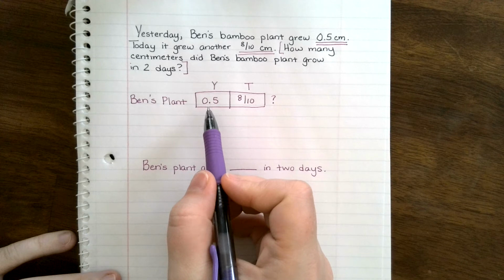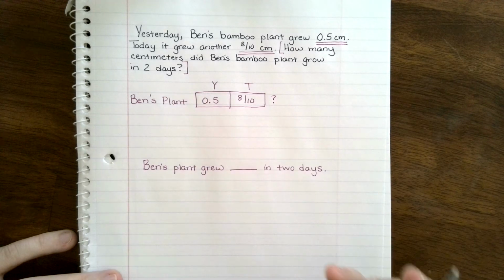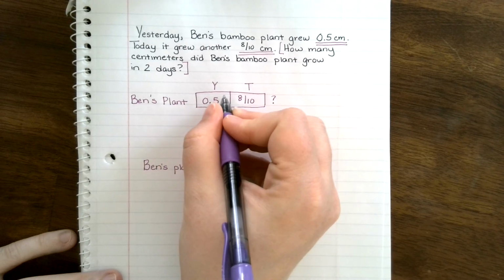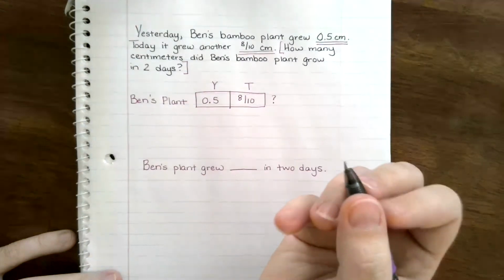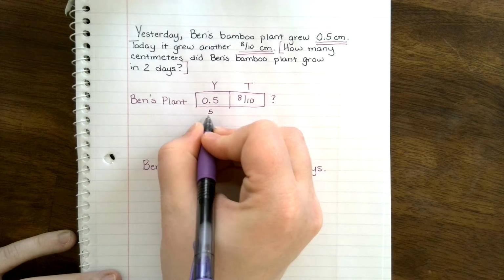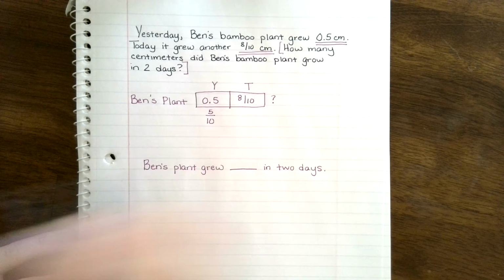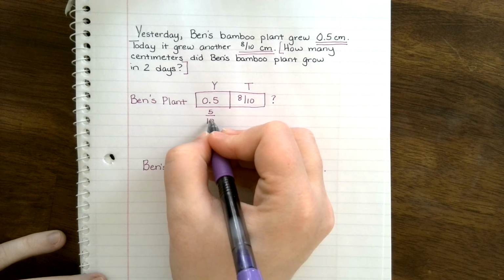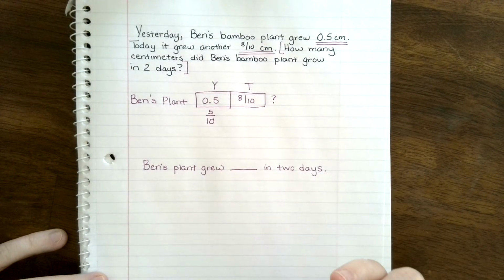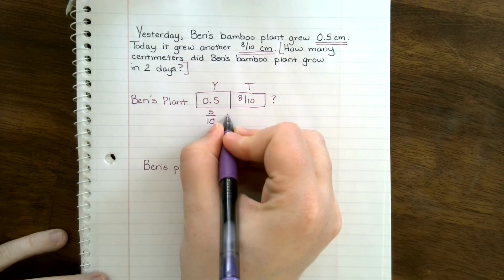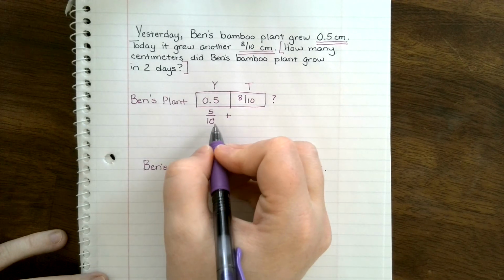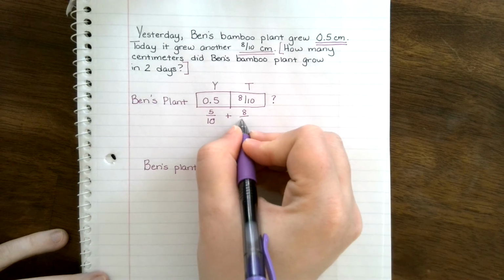If we think about what we have done in the last couple of videos, we know that 0.5 is read as 5/10. If I was to write 5/10 as a fraction, it would look like 5/10. So if I'm finding my total, then I'm putting this and this together, then my operation is adding. I'm going to take 5/10, and I'm going to add it to 8/10.